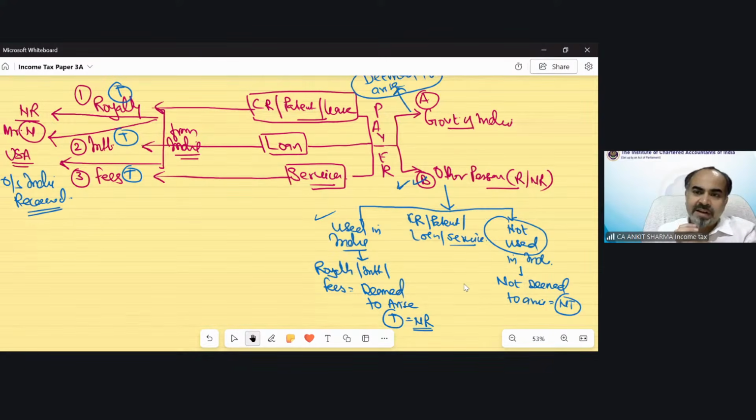Sridhar is saying, sir, in dividend case, government deduct TDS, then also pay the tax on this income. Yes, Sridhar. TDS is not the complete tax. They deduct the TDS at the rate of only 10% or 5% and 2% in some other cases. So that is a collection of tax in advance.